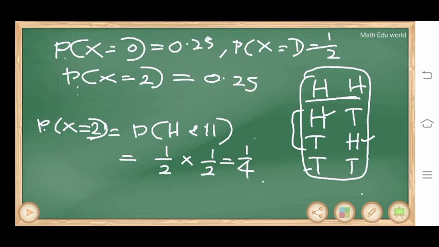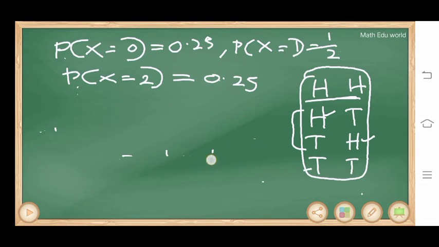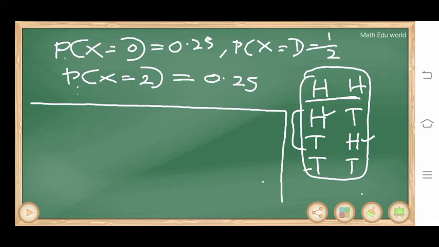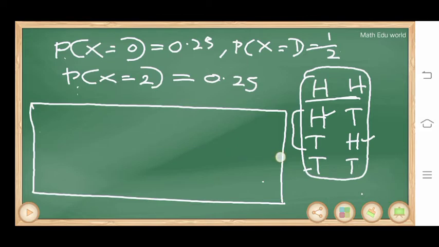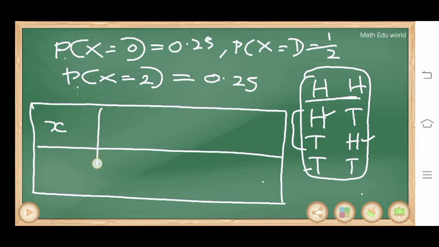Now we have all the required values so that we can find the corresponding probability distribution table. To make the probability distribution table, let's make a table with two rows, where the first row is denoted with small letter x, which are 0, 1, 2. That represents the number of heads in this question.